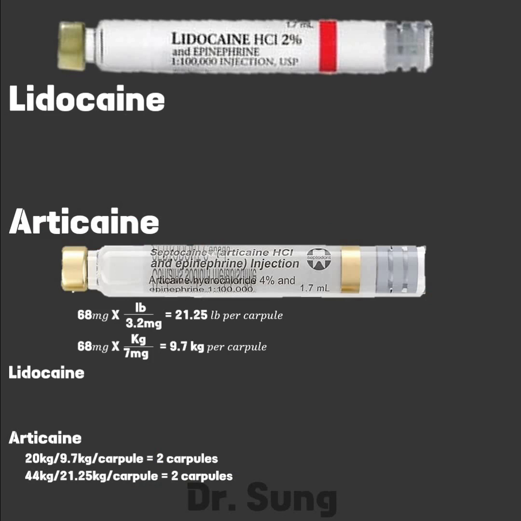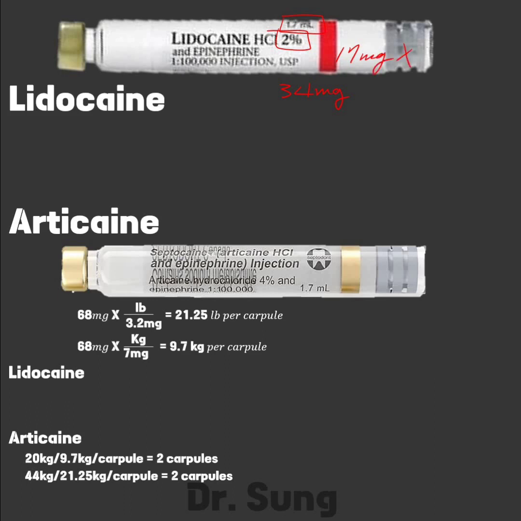Alright, so lidocaine has 2%. So 2% of the lidocaine in 1.7 milliliter, how many milligram is inside? Yes, 34 milligram. Understood, right? Because if it is 1%, just 17 milligrams. So just multiply by the percentage.